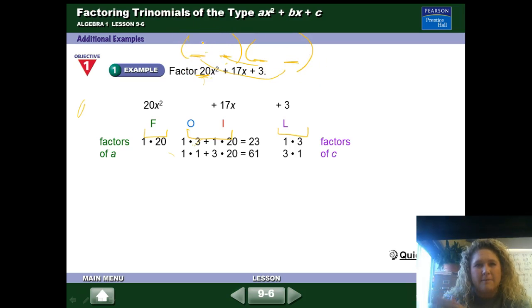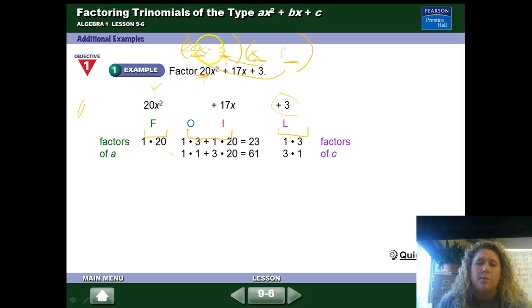So if I had 20x and x, when I multiplied here, I'm going to get 20x squared, so that checks there. And now, what's going to happen over here? Well, if I would do 3 and 1 to get this last term here, what gives us?